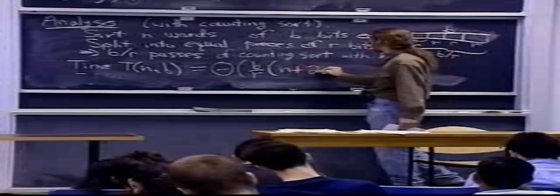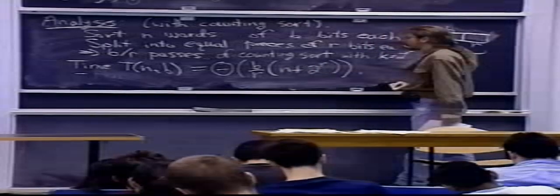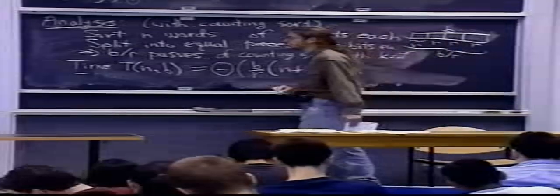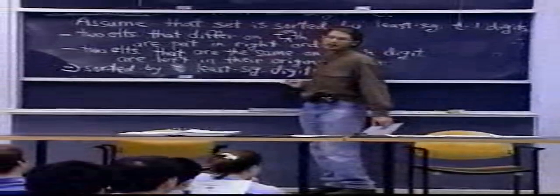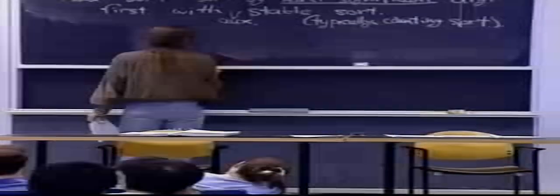So n plus 2 to the r. Now, we want to minimize that function. So the easy way is you differentiate it and you set it to 0. And that'll tell you really where the minimum is. But that's cheating. So, that's just using computation.